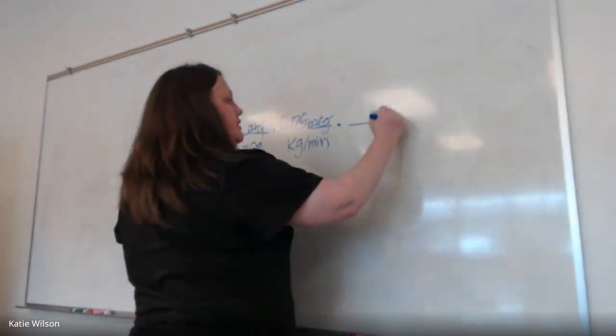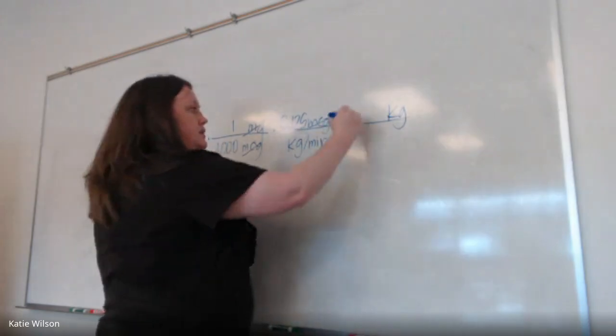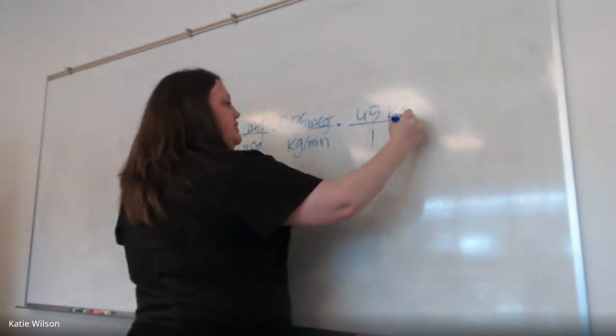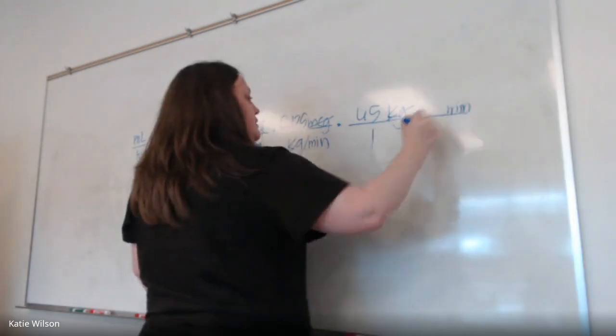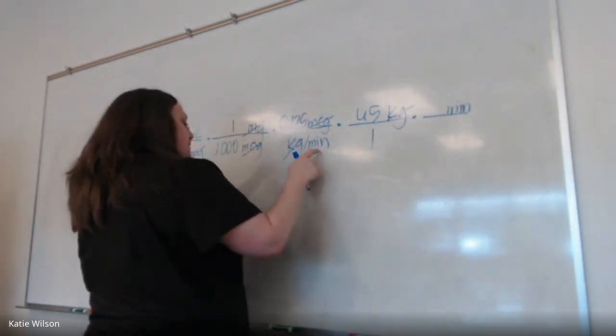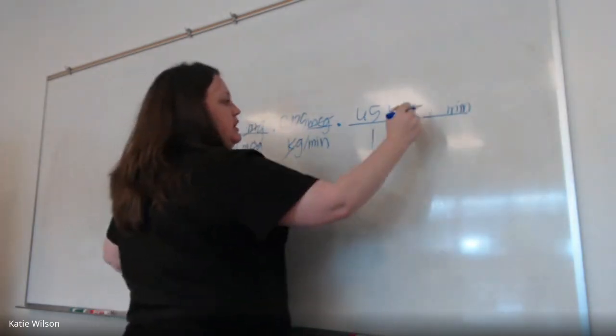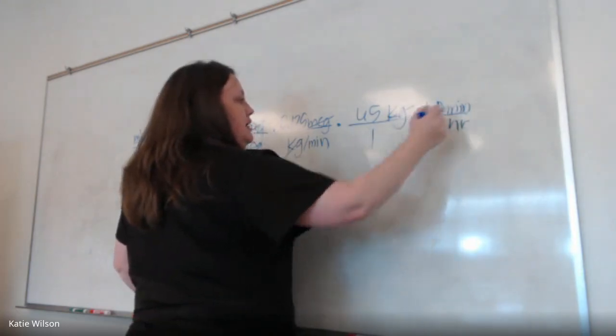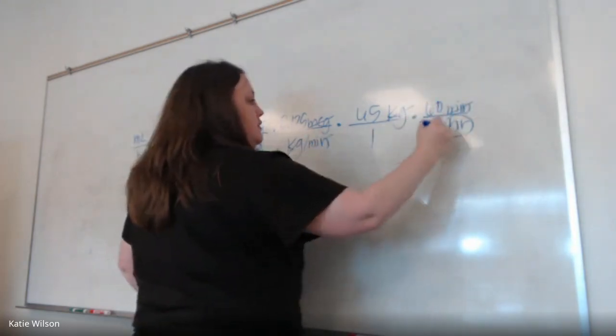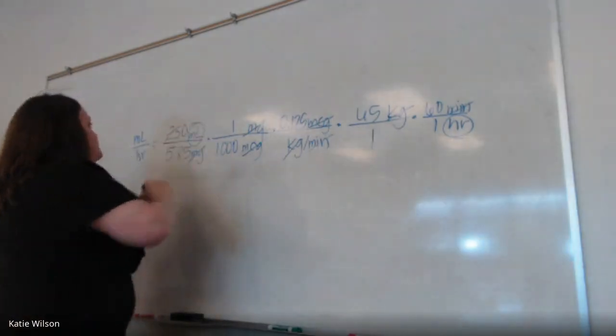So what do I know about kilograms? The patient weighs 65. We put that over 1. Now what do we do with the minutes? We want hours to be our final answer, and we've got 1 minute here. So we convert minutes to hours, right? Hours on top, mils on bottom.